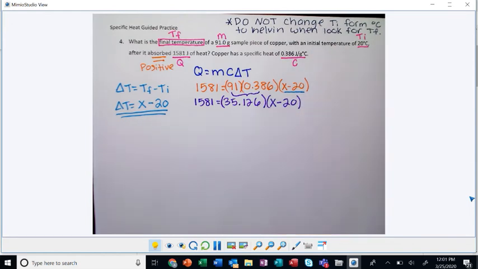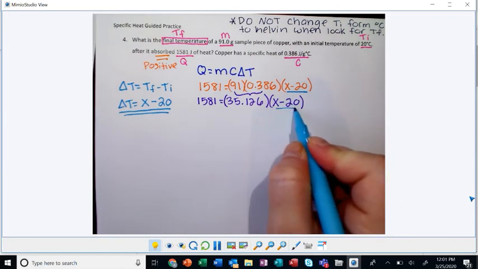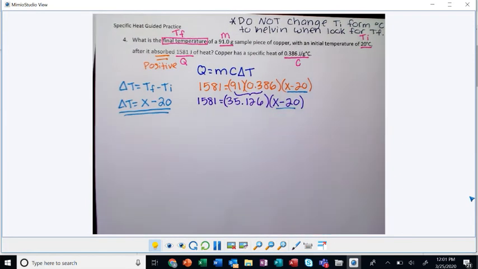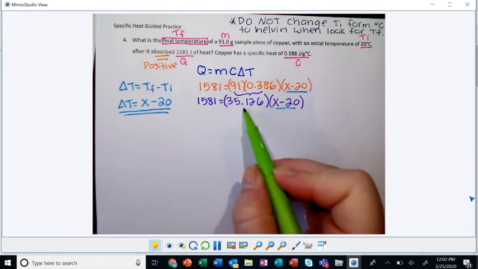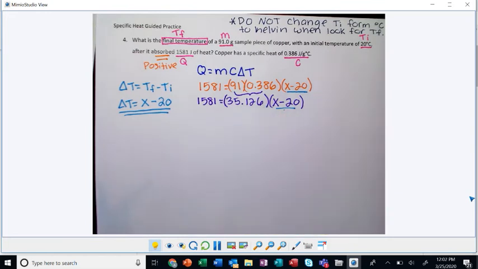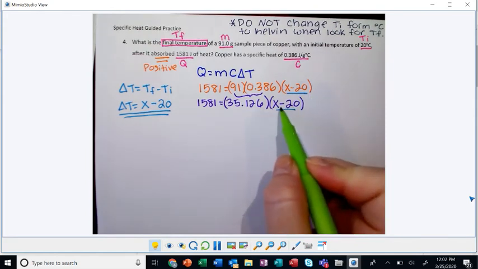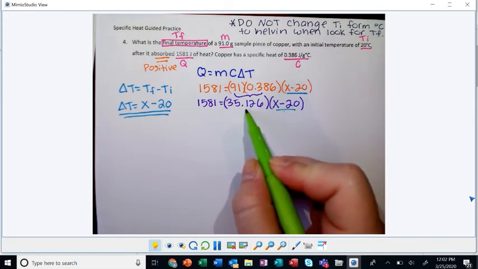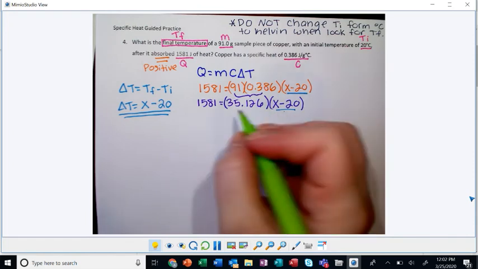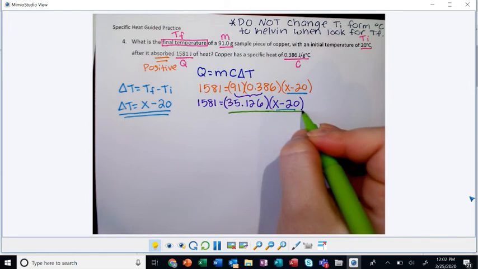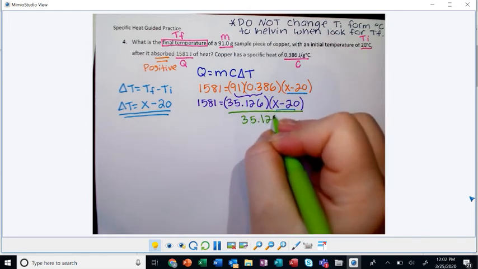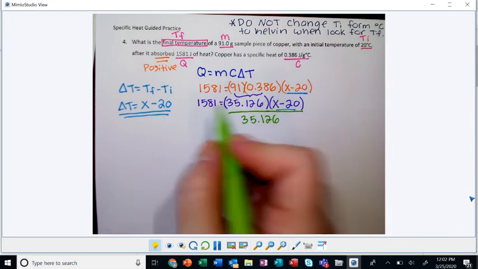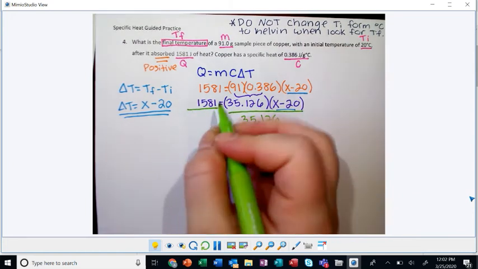So again, I told you our job is to get this by itself. So in order to get this by itself, I need to get rid of this section right here. So right now, x minus 20 is being multiplied by this number. So in order to get rid of this number, we must do the opposite of multiplication, which is division. So 35.126. What you do to one side, you must do to the other side.